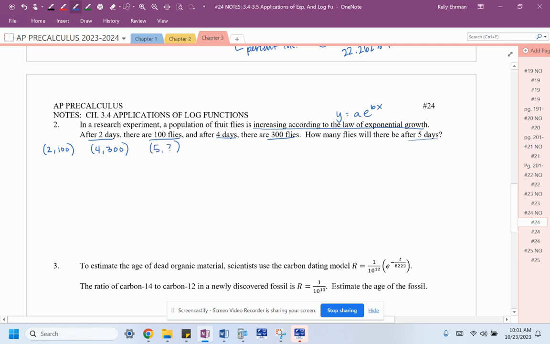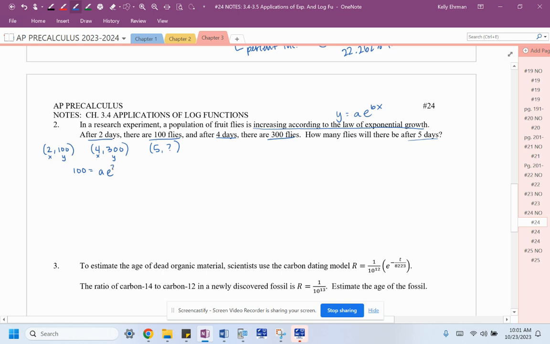All right, we can't just do a slope because we know that exponential equations grow, the y values grow in proportion to each other. So let's start setting up what we know. The 2 is an x value and the 100 is a y. Same here. So let's set up a couple of equations. We have 100 equals a times e to the b times 2.